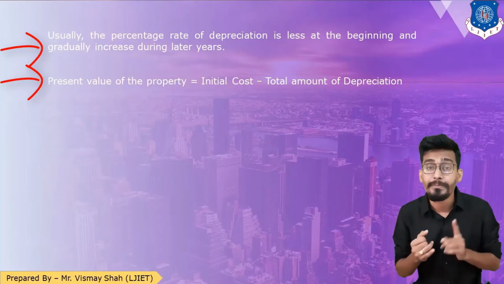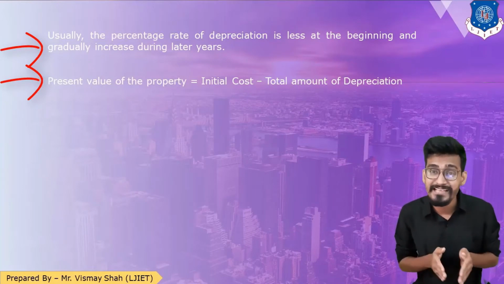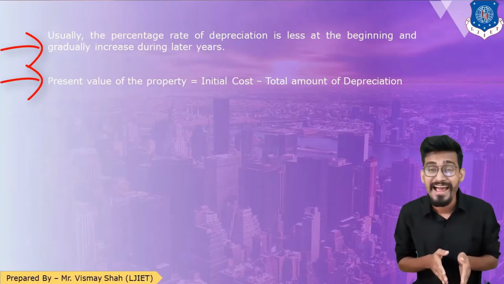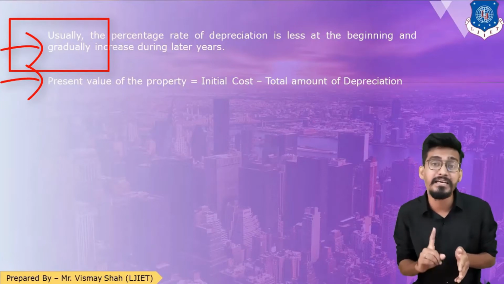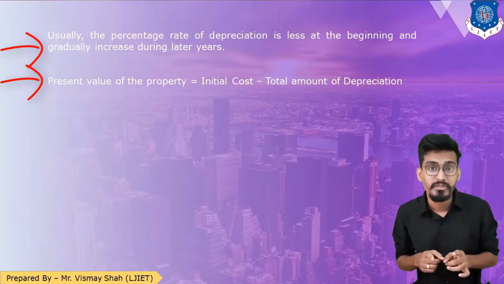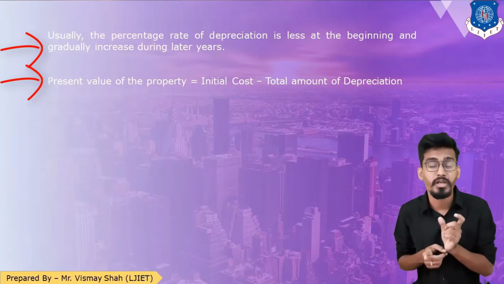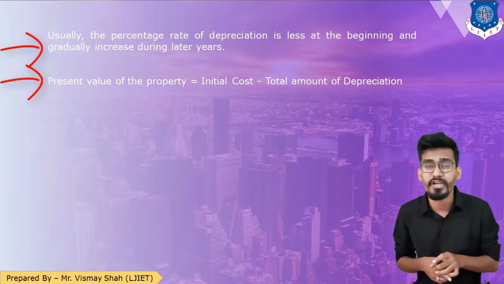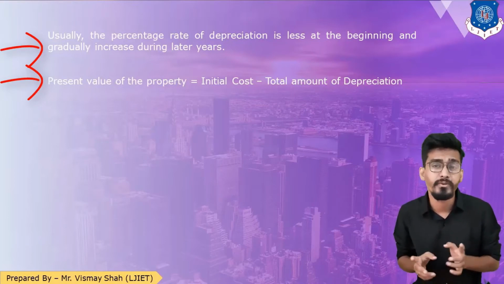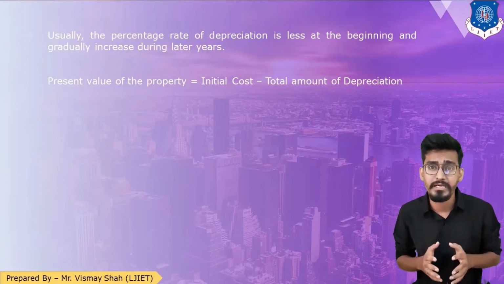The first is the percentage rate of the depreciation is less at the beginning years, and it increases in the later years. So the present value of the property becomes total cost minus total amount of depreciation up to whichever year you are calculating. So I hope we are clear up to this point.